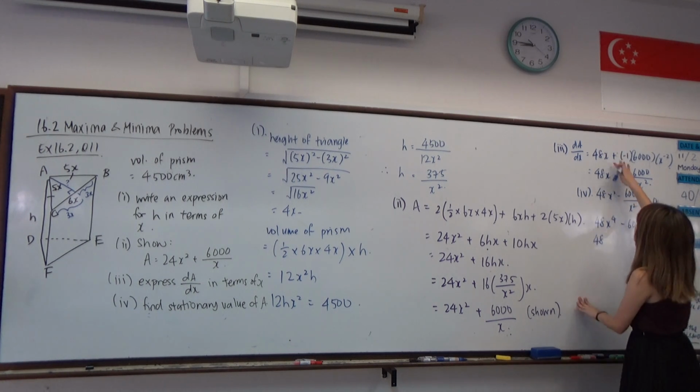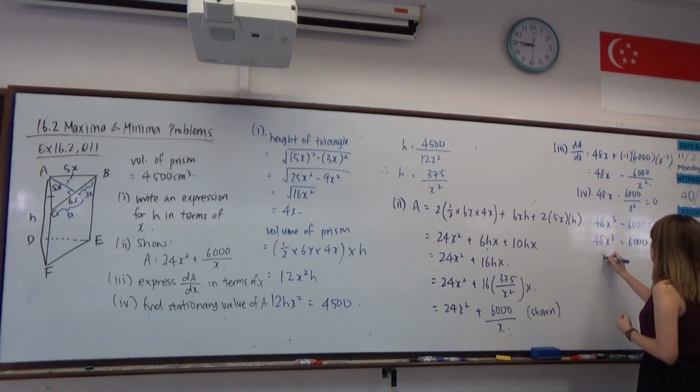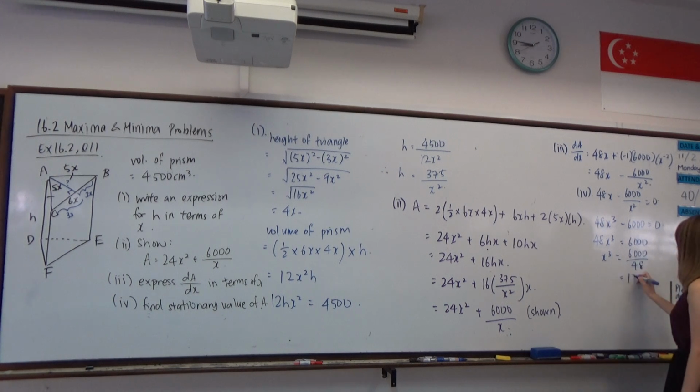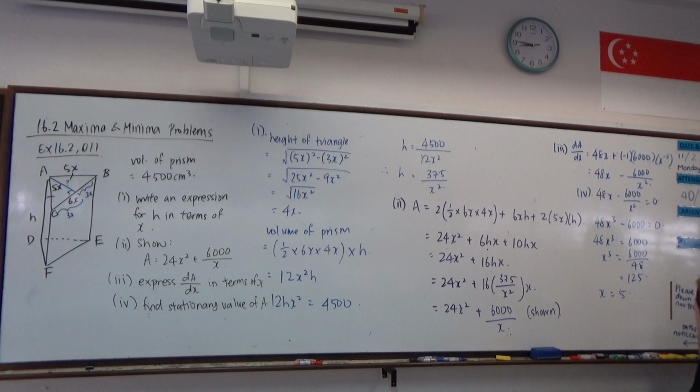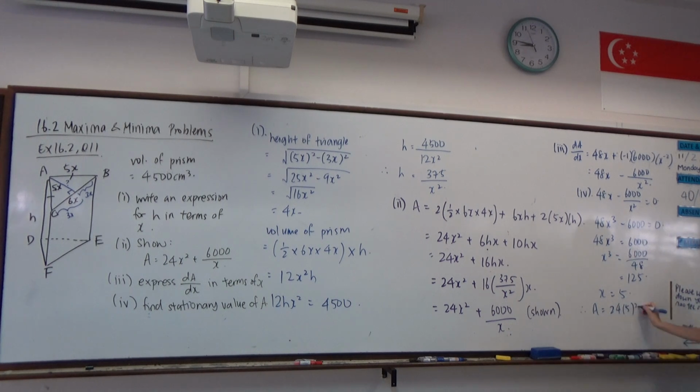Oh, sorry. x equals to 5, and then we want to find the stationary value of A. So x equals to 5 is not the stationary value of A. Okay, so we need to substitute it back in. So A will be equals to 1,800.